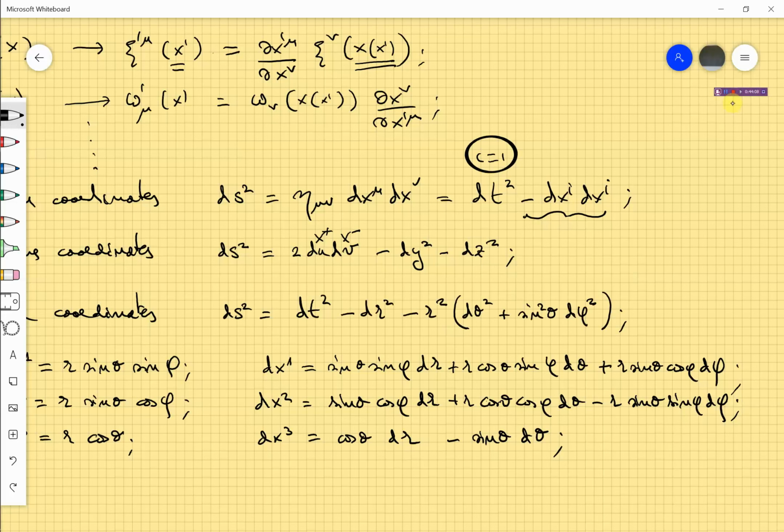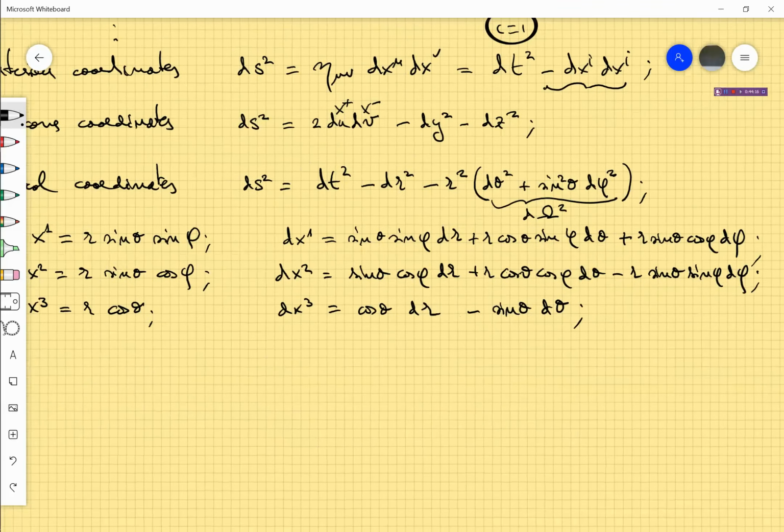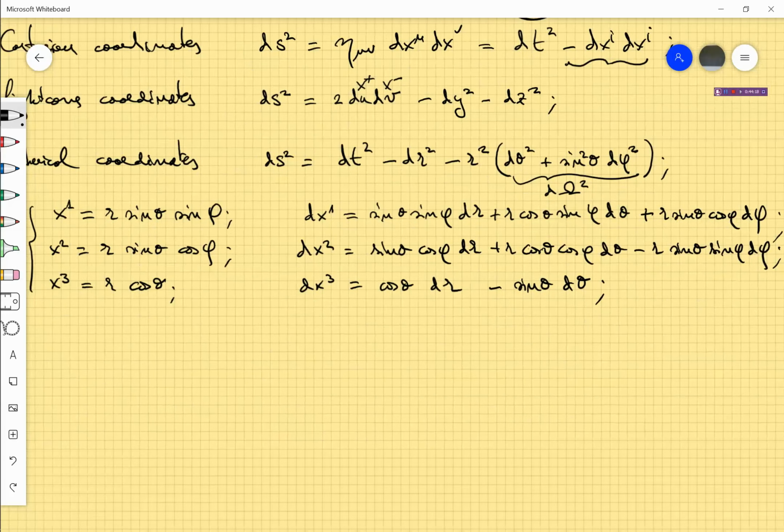This is often written as d omega squared, for reasons that I will explain later. Just as an exercise, if you are given this form of the metric, you can find the components of g mu nu in these coordinates.